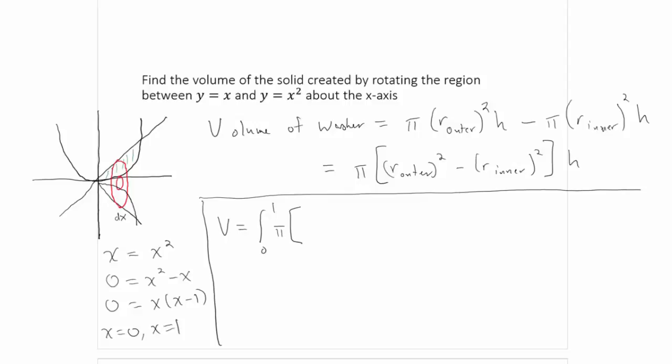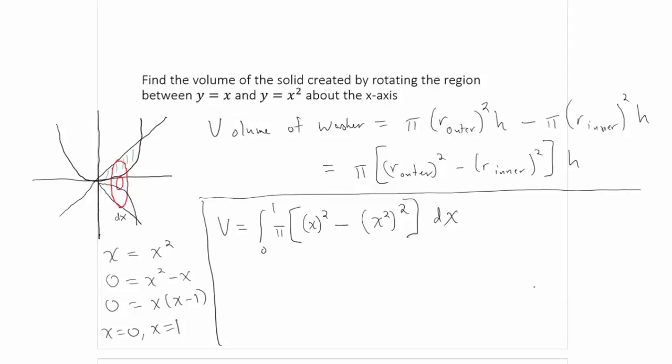Well, the outer radius would be the higher function, the upper function, which would be x. So I'd have x, and I have to square that, minus the inner function, which in this case was x squared. And I have to square that. And then the height of the individual disks is dx.